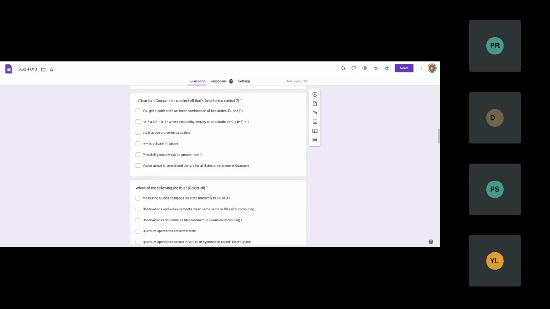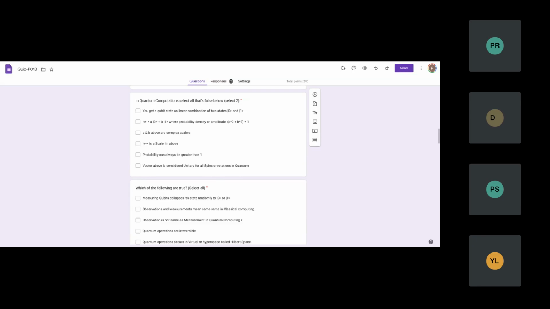Vector above is considered unitary for all spins or rotations in quantum. That is true. So only the fourth and the fifth are false, because when we say ket psi with the arrow, it means we are talking of a vector, not a scalar, and the probability cannot be more than one.